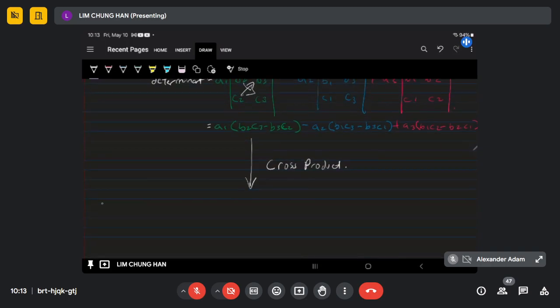So when I have vector A cross vector B, basically what's happening is like that. When you cross product vector A with vector B, basically that's what's happening.